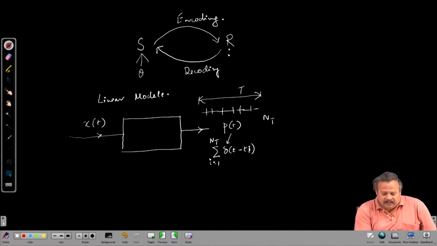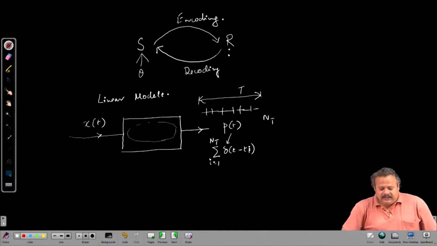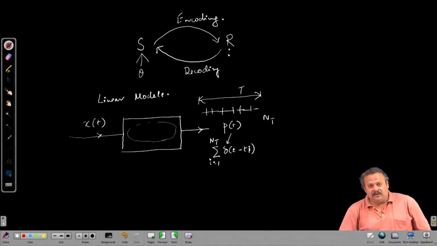Now in here what is going on is a very big question, but for us we will try to do this: how well can we describe this black box such that, given new x(t)'s, how well can we predict the response p(t)'s.